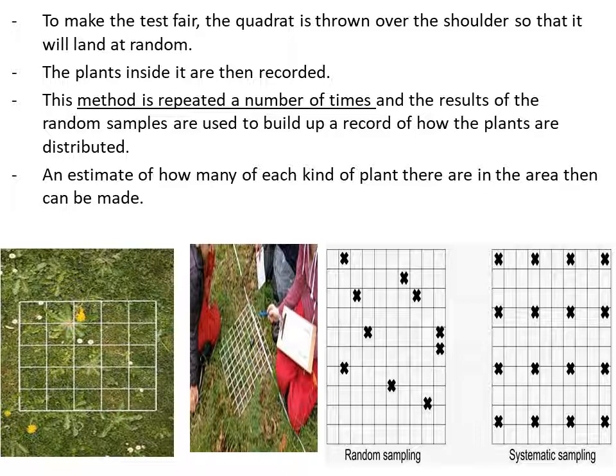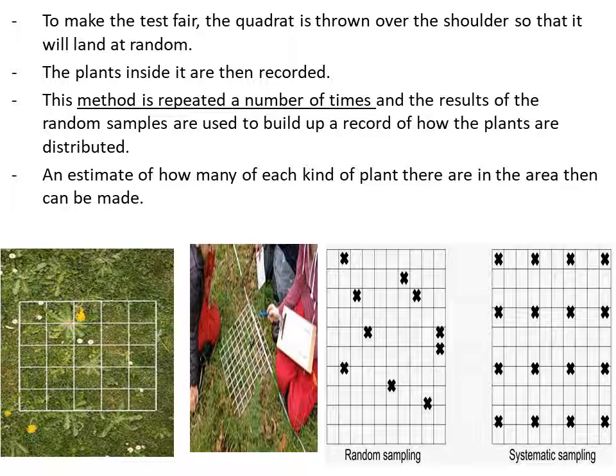The results of the random samples are used to build up a record of how the plants are distributed. An estimate of how many of each kind of plant there are in the area can then be made.